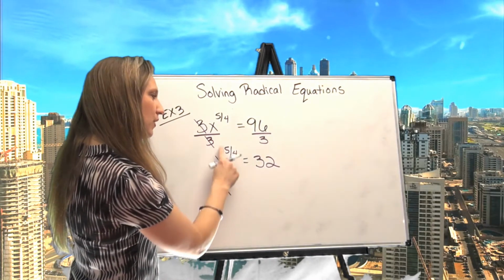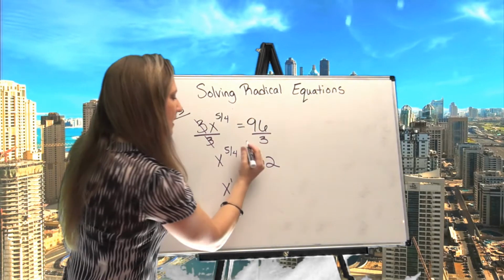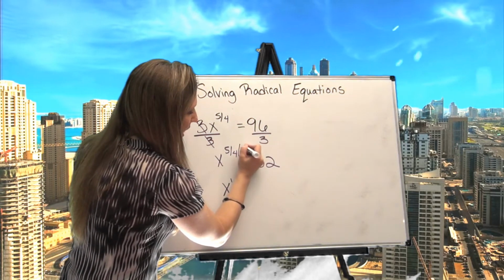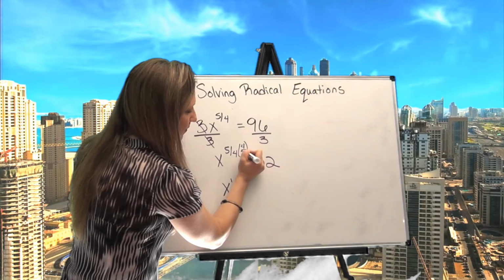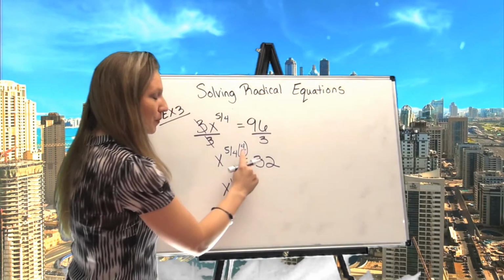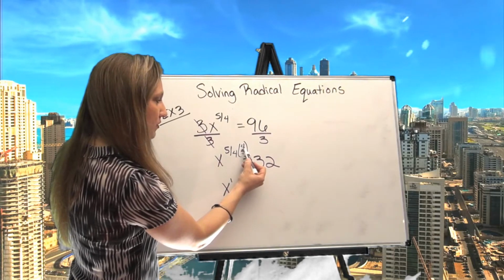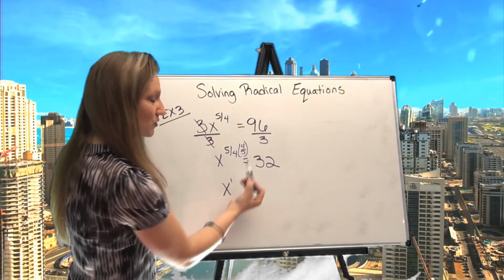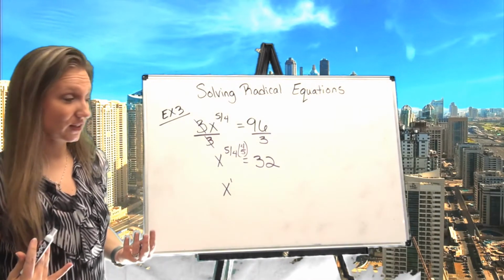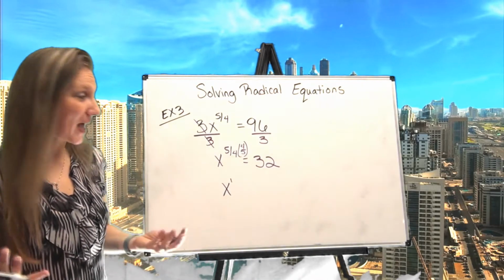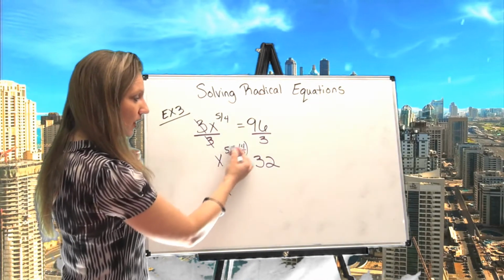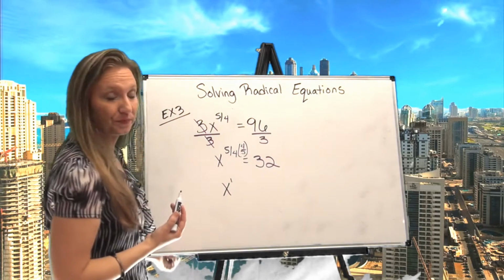So in order to get rid of this 5/4, I multiply it by the power of 4/5, remember that power to a power, you multiply them together. What is 5 times 4 divided by 4 times 5? 20 over 20, that's 1. So that's how we can cancel out this exponent.